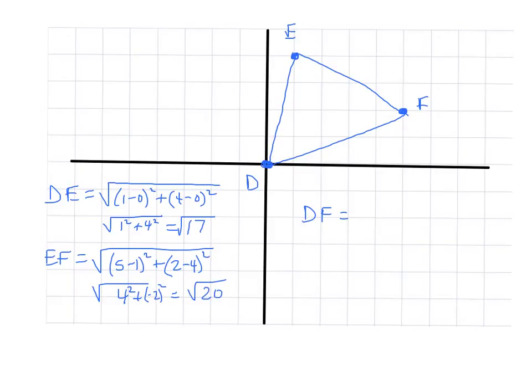So, right now, I can eliminate the fact that it's an equilateral triangle because I know all 3 sides are not congruent to each other. But I haven't ruled out whether it's an isosceles triangle yet.